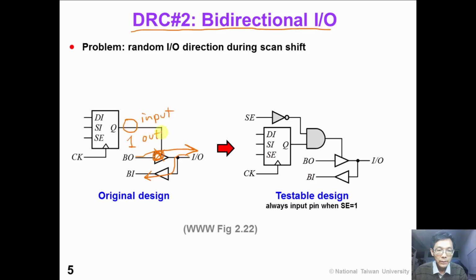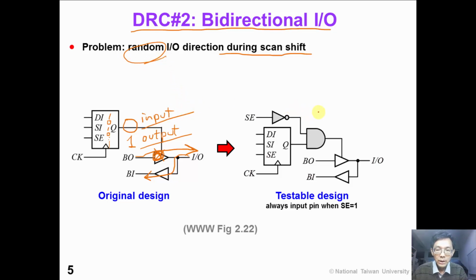So it's an output pin. This seems to be a correct design. However, when we perform a scan shifting, we have random 0, 1 coming into our scan chain. So this pin can be input sometimes and output sometimes. So this random behavior is not what we want.